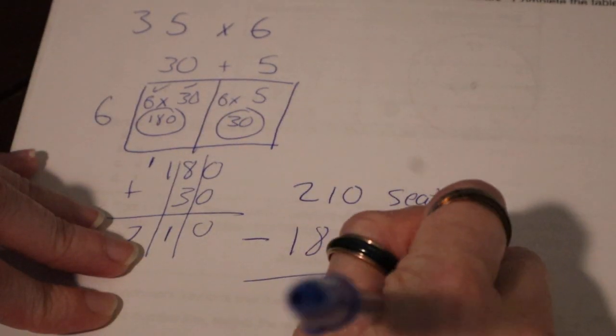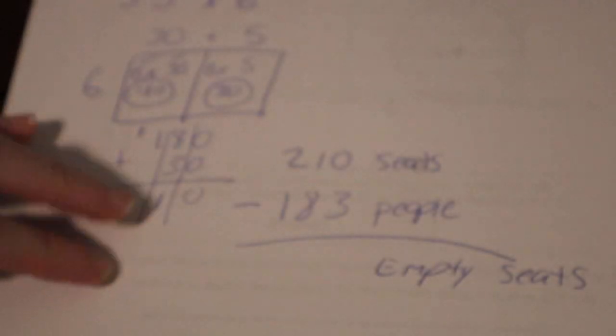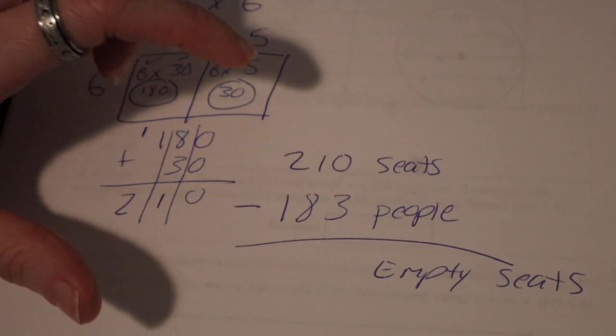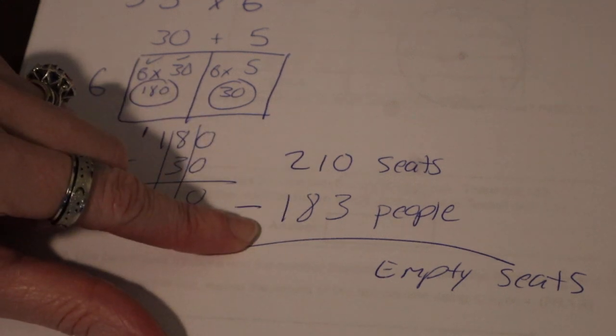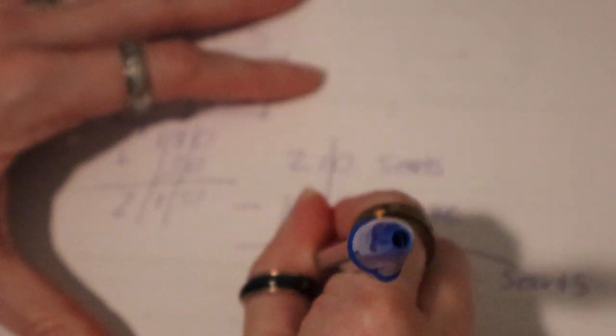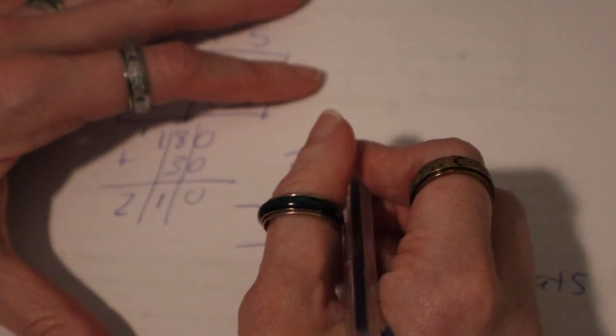That will give us empty seats. So we're taking what we know, and we know there are 210 seats, minus what we know, which is 183 people. Let me draw my lines to organize. Make sure you're drawing your lines to organize.